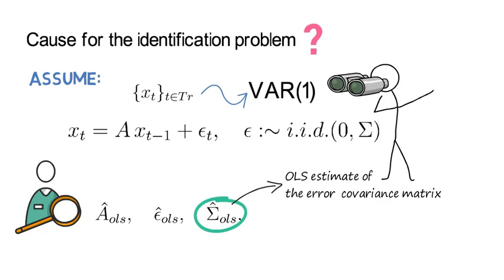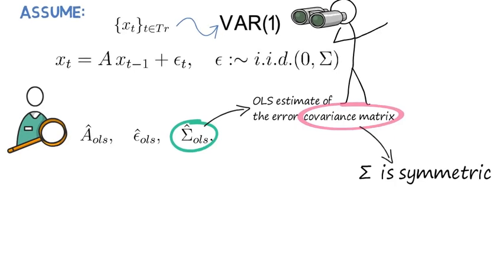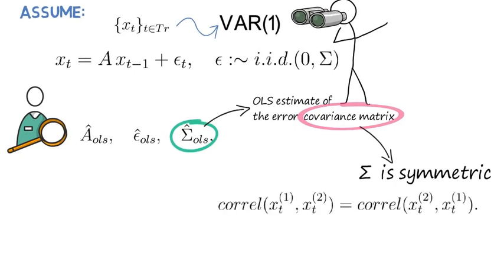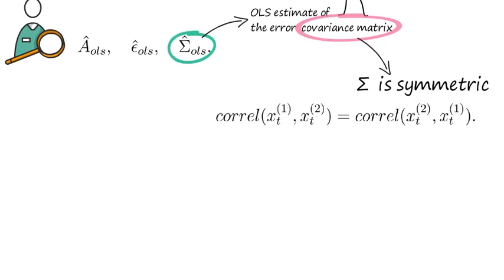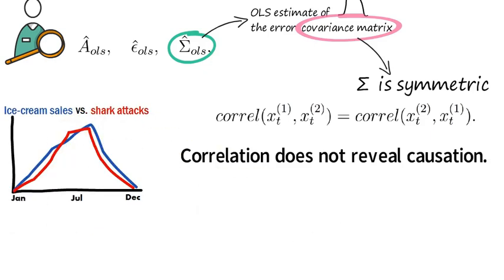And now here note, the covariance matrix is symmetric, implying the correlation of x1 with x2 is the same as the correlation of x2 with x1. And that highlights what you know, that correlation does not reveal causation.